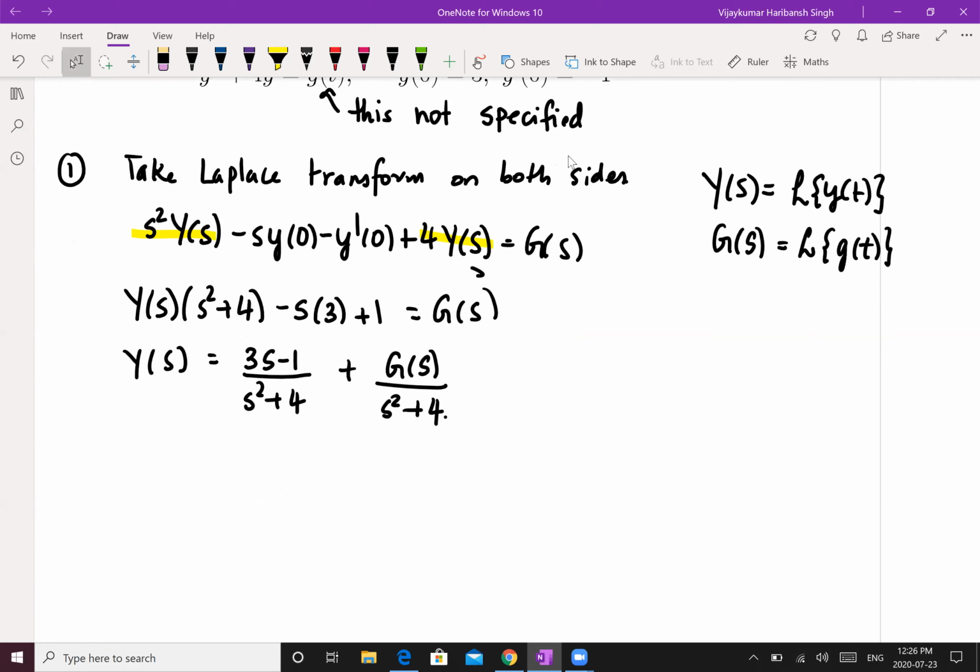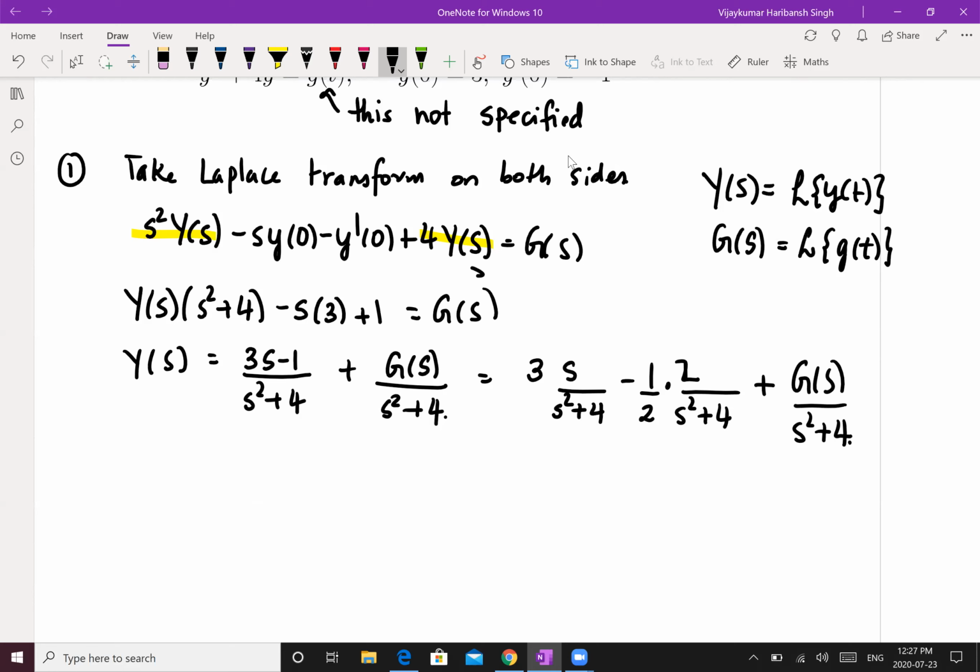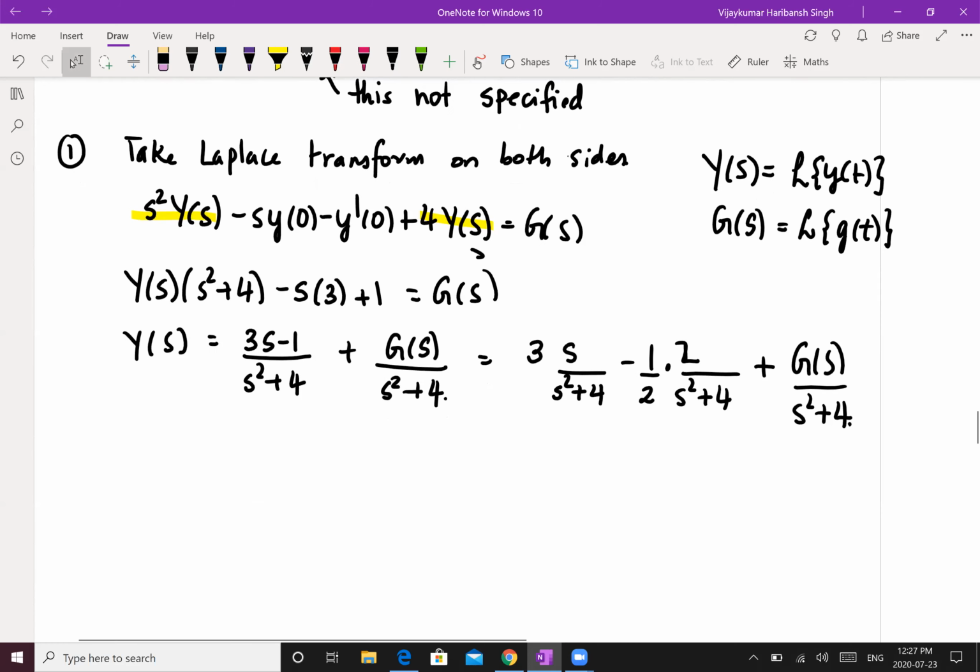So this can be written as, first, 3 times s upon s square plus 4, minus, so I'm going to transform this part into minus 1 upon s square plus 4, but if I want to make a connection with sine, I'll need 1 over 2. So multiply and divide by 2, plus g of s upon s square plus 4.